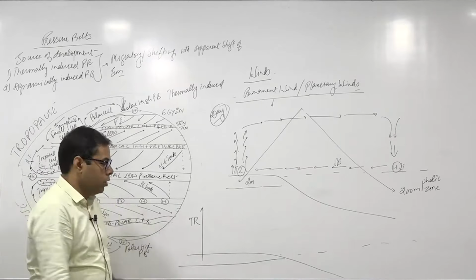This is polar continental, then polar continental warm, polar continental cold, polar continental warm stable, polar continental warm unstable, then polar continental cold stable, polar continental cold unstable.